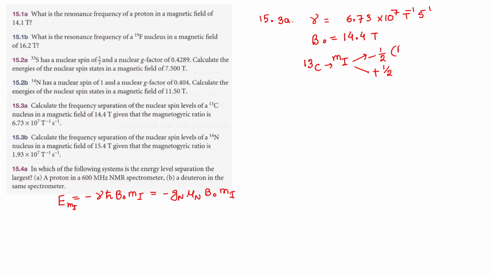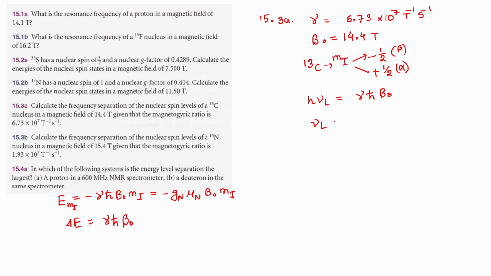So that is your beta and this is alpha spin. So what would be the gap? So gap delta E, as we have already discussed, is gamma h cut B0. Here gamma B0 and h cut you already know, so the Larmor frequency h nu L will be gamma h cut B0.